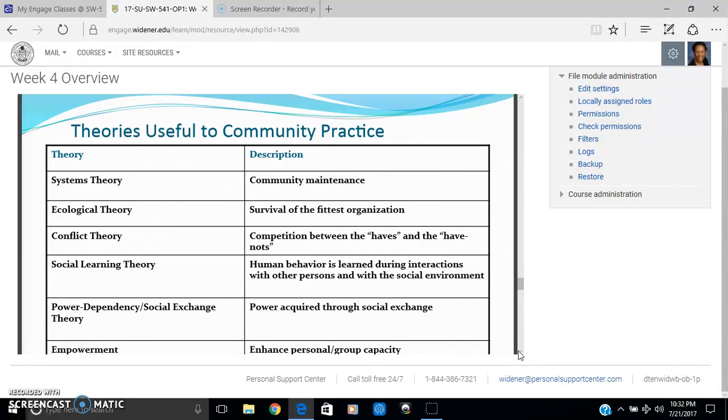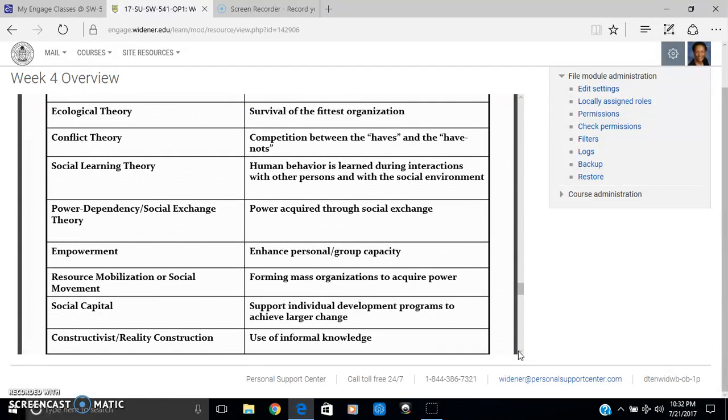Useful theories for community practice include systems theory, ecological theory, conflict theory, which describes the competition between the haves and the have-nots, social learning theory, the way we learn interactions with other people and with the environment, power and dependency, social exchange, how power gets acquired through social exchange, empowerment, which is enhancing our personal group capacity.